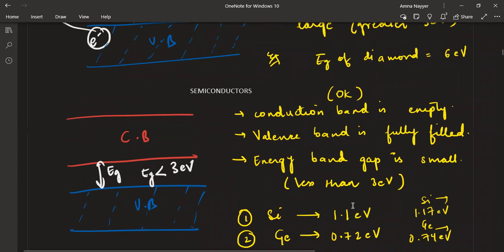Silicon is 1.1 electron volt, less than 3, that means a semiconductor. Germanium is 0.72 electron volt, again less than 3, again a semiconductor. Silicon and germanium are two very important semiconductors. So it's better if you remember the energy gap values of these two semiconductors, because this can be asked in the exam.